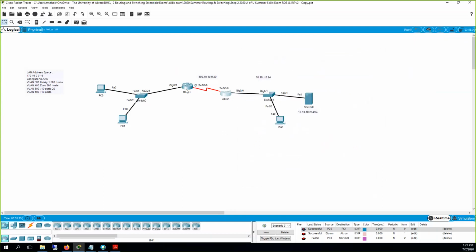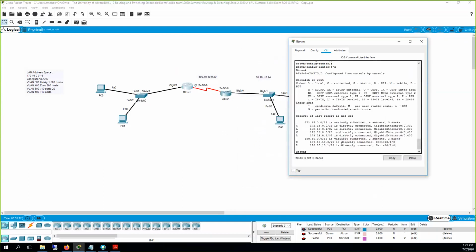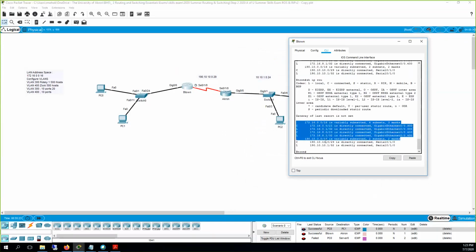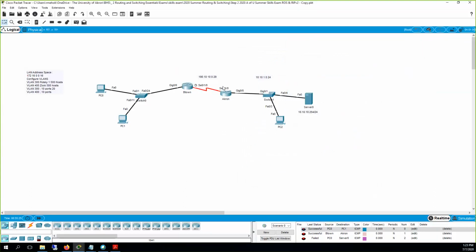So over here, we do show IP route. Notice that we don't see any R's because this router is not sharing the 10 network. It's only sharing the 190. So in step 4, we'll do NAT and PAT, which you'll see the results of what we're doing.